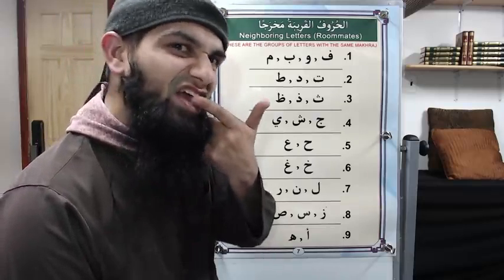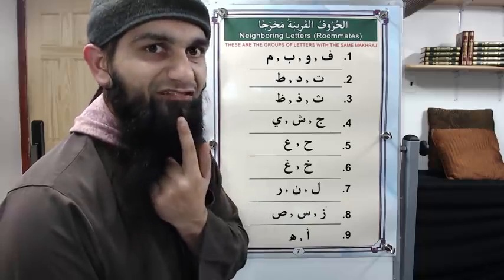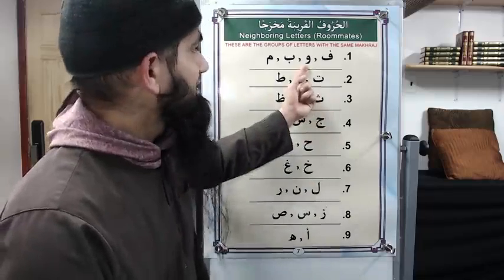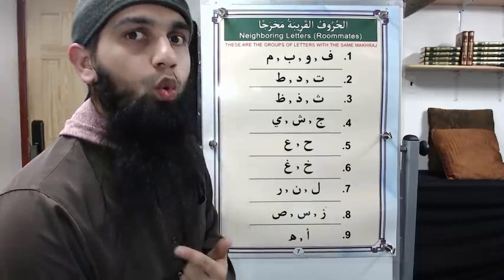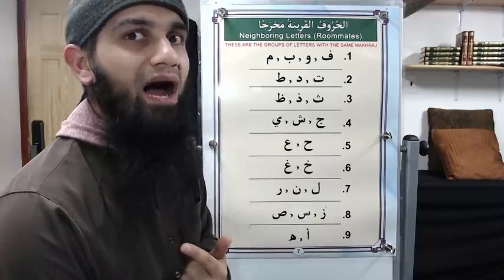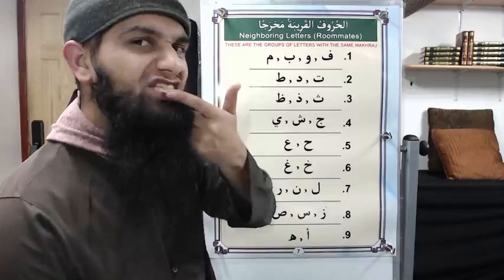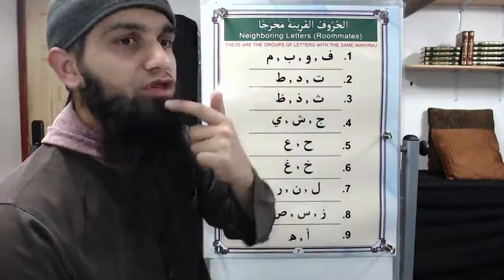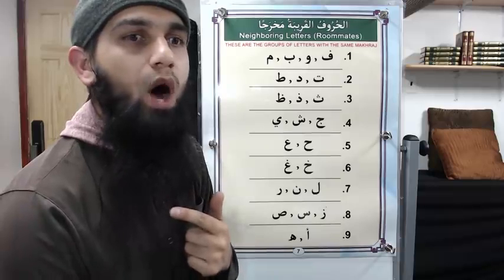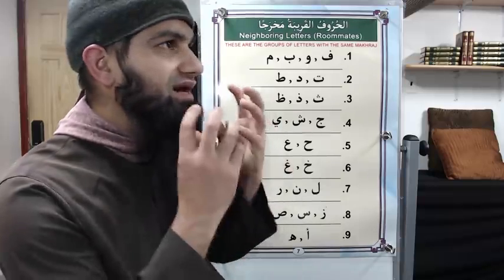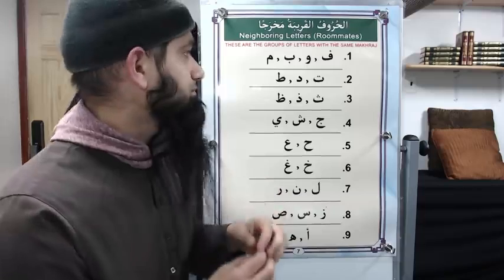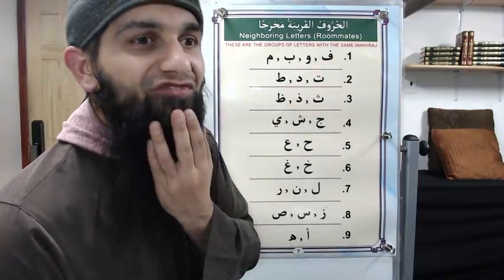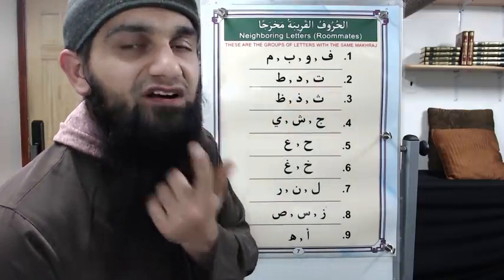Fa uses the teeth and the bottom lip. This one, Waw, uses the lips. So the Fa uses the teeth and the lip, while for Waw you use both lips only. We're going to be focusing a lot on the sounds in this lesson, right? So, f, fa, f.